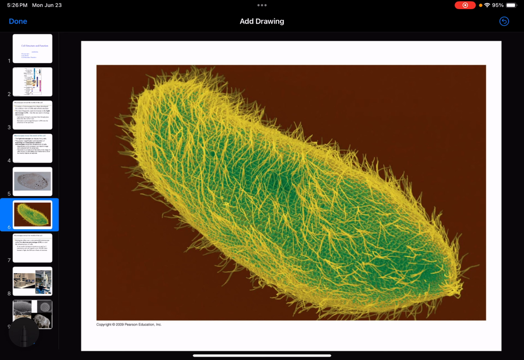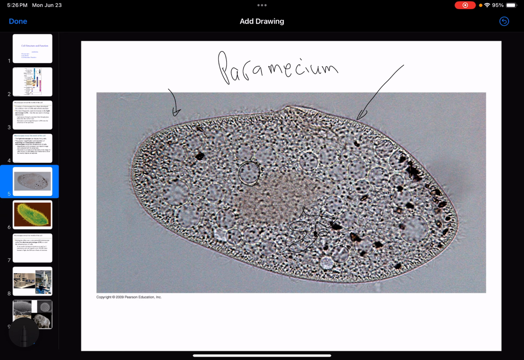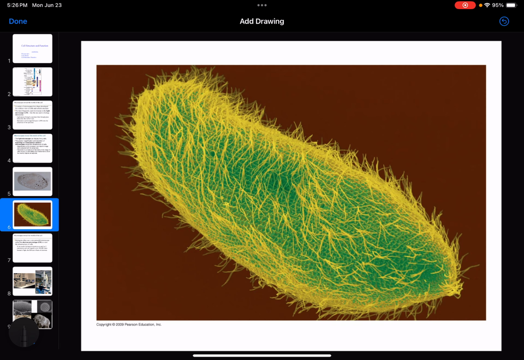And what we have done here is we've decided to get to the bottom of what is that fuzzy stuff outside the cell. And it turns out to be something that looks like hair. You're going to learn that this is called cilia. I'm going to write it here, but you're going to see it later in the lecture again. Cilia are like hair-like proteins. Cilia is made out of just protein.